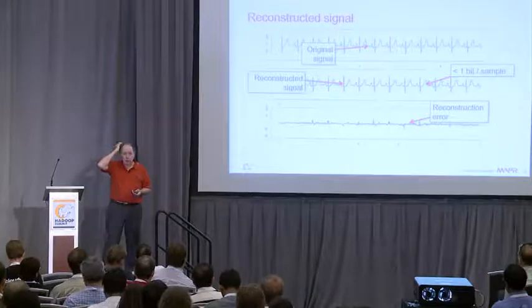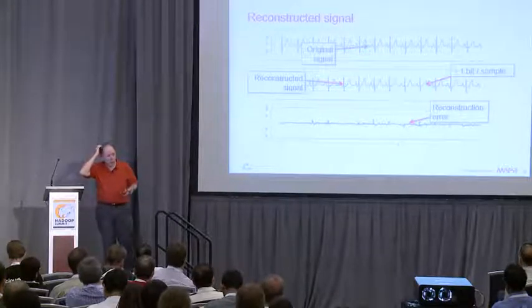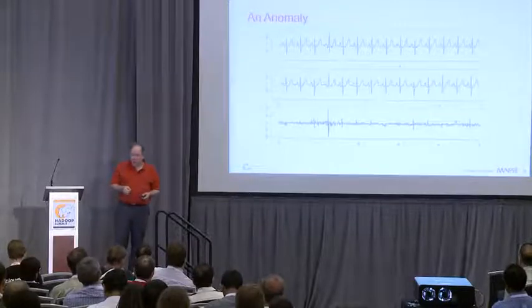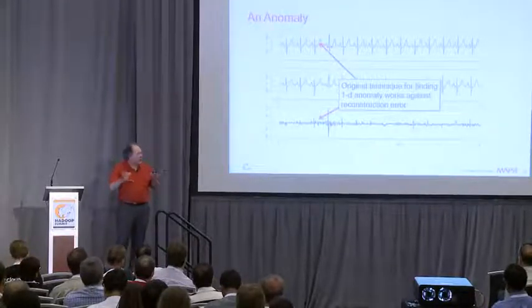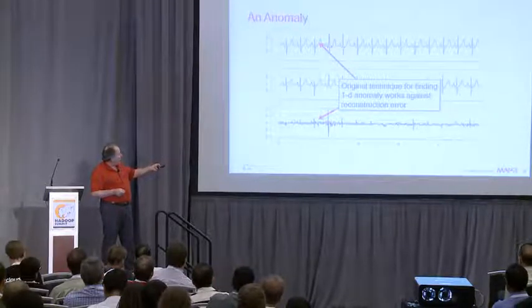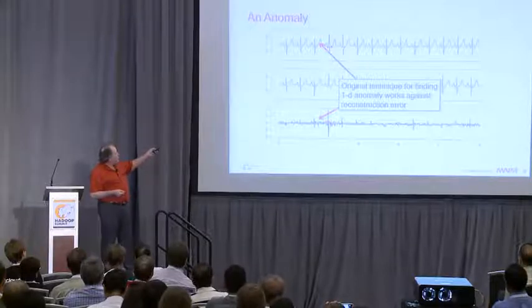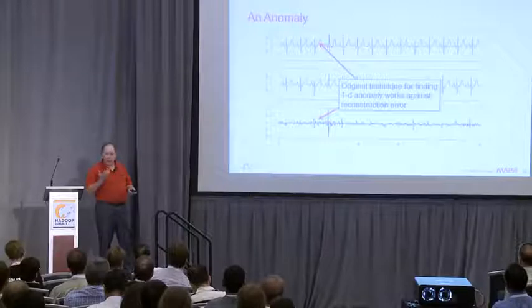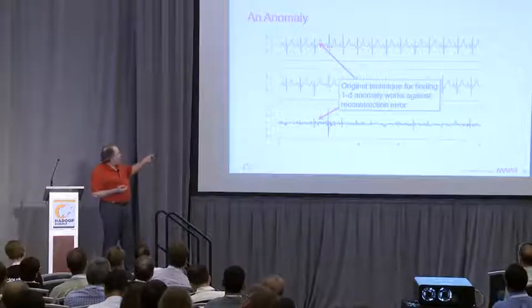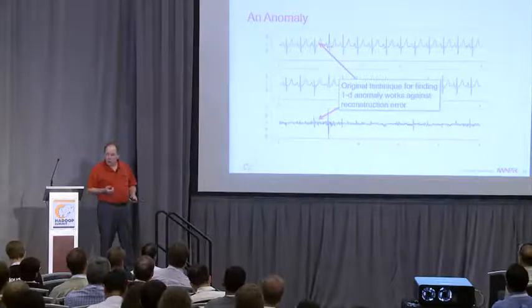So we can reconstruct it, and we can get reconstruction error, and we can continue scanning along, and take a look at this right there. That reconstruction error just kind of went to hell in a handbasket right there. And the reason it did is because that right there doesn't look like a heartbeat. Now, it does at the resolution we see here, but the system is unable to reconstruct it accurately, so we get a large reconstruction error.